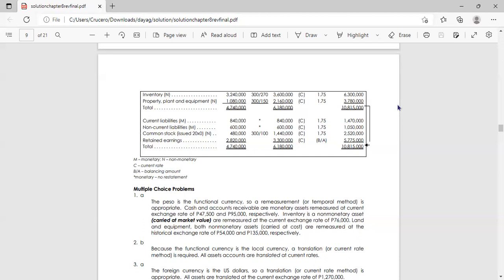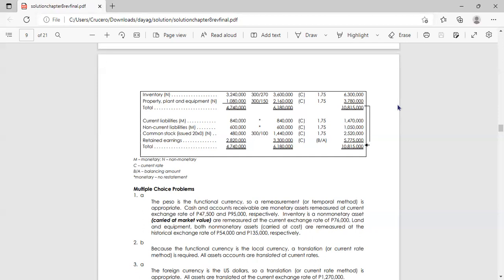So we have now M, monetary, N, non-monetary, C, the current rate, BA is the balancing amount, and we have now your balancing figure as the difference between 10,815,000 and the total of the other liabilities of 4,990,000.